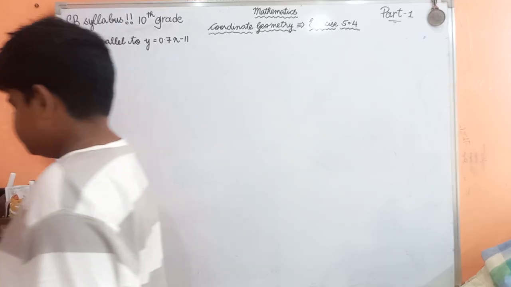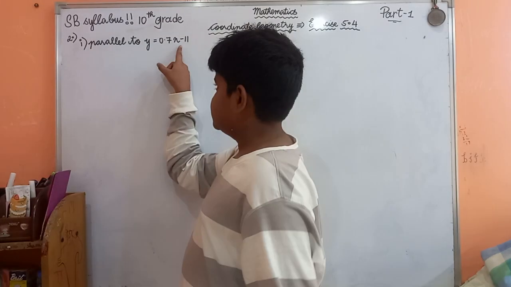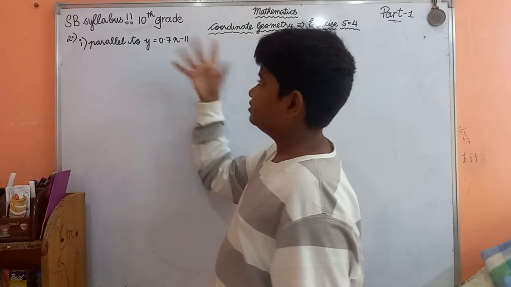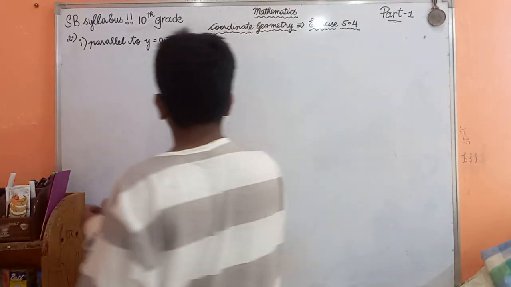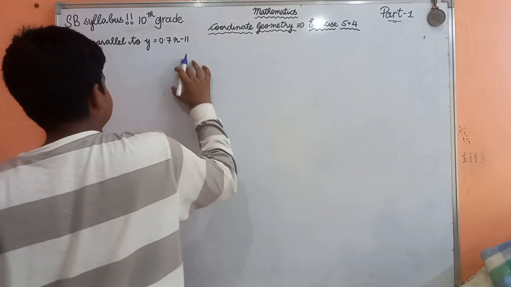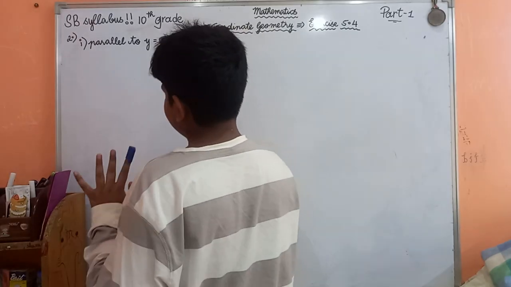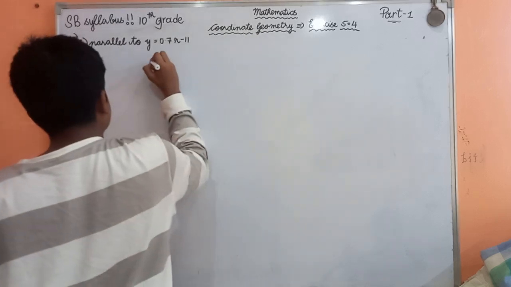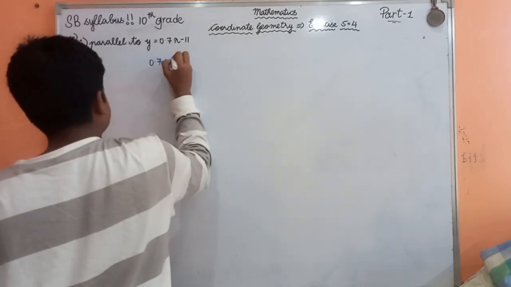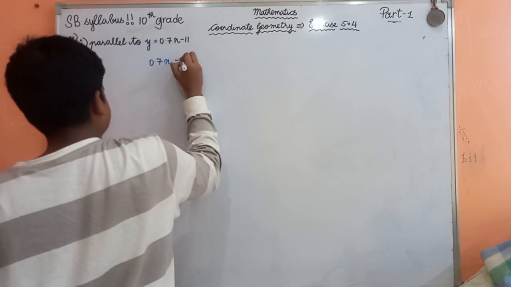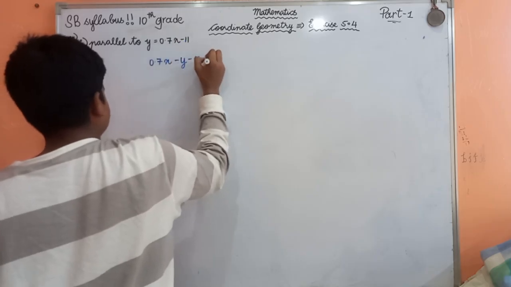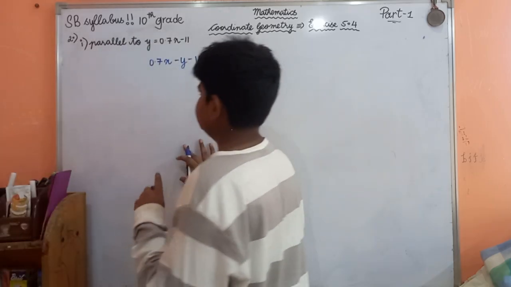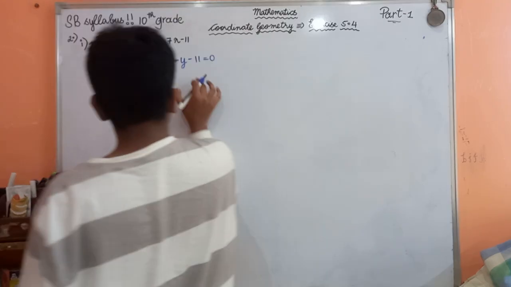You can see that there's an x over here and y as well. Since it's a straight line equation, we can put it as 0.7x minus y minus 11 is equal to 0. So this is the equation.